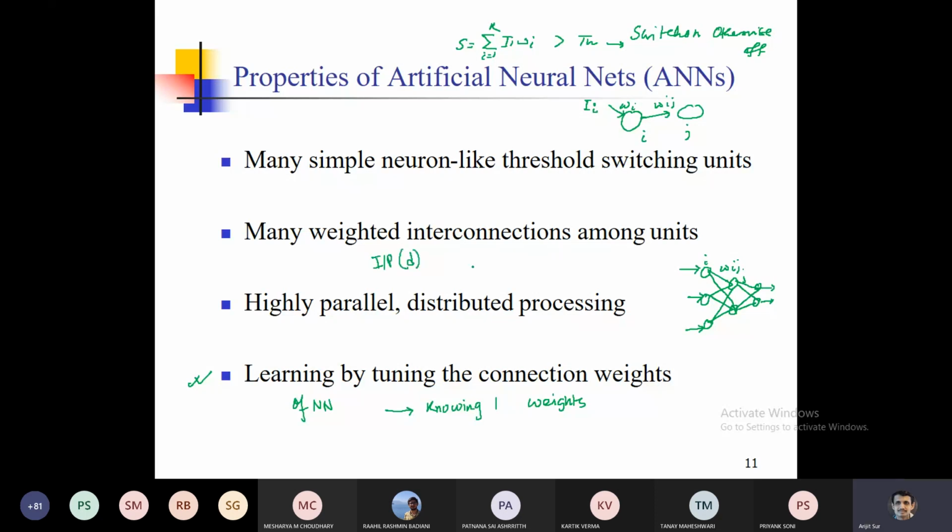Hypothetically, the values are 1.2, 1.5, 2.3, dot dot dot, 3.9. So this is I0, I1, I2, I3, I4, dot dot dot, Id.